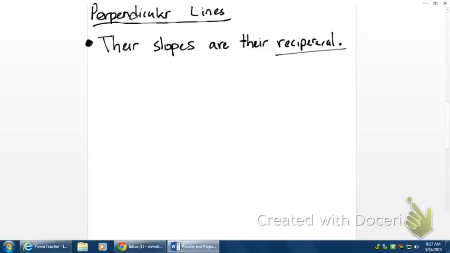You can think of it as the complete opposite. If you want to write that down, you can. It's really just the complete opposite. Like if your slope is 2/3, it'd be 3 over 2. Very close.